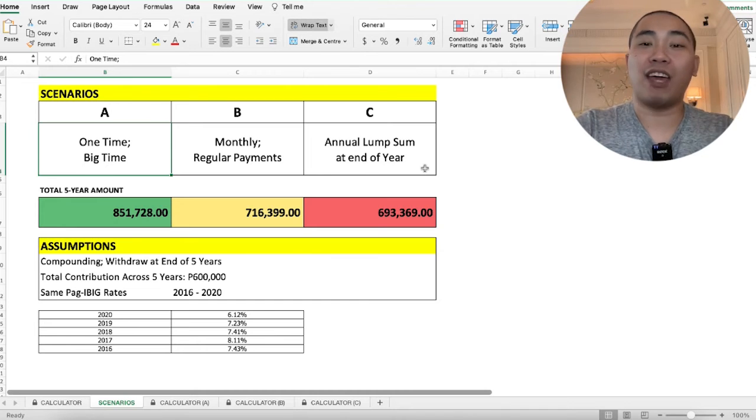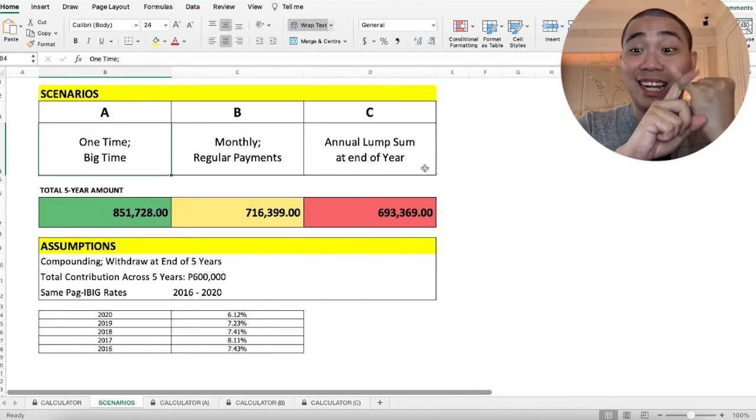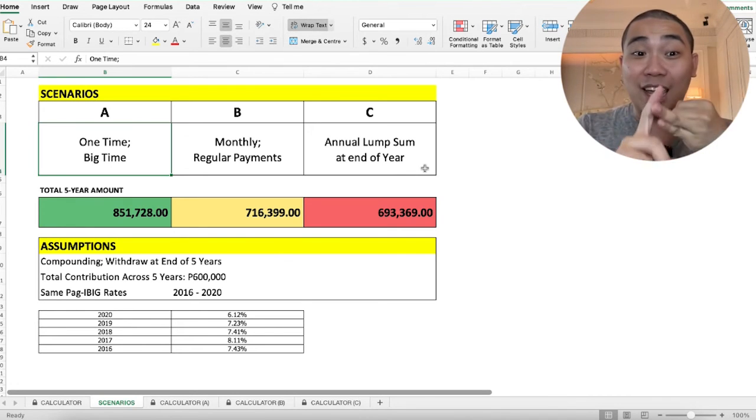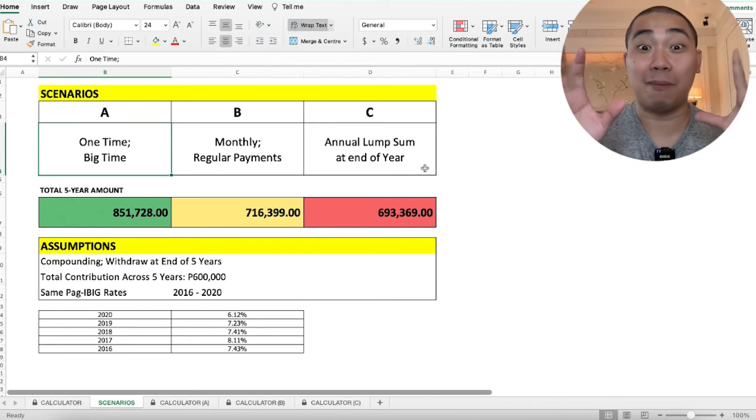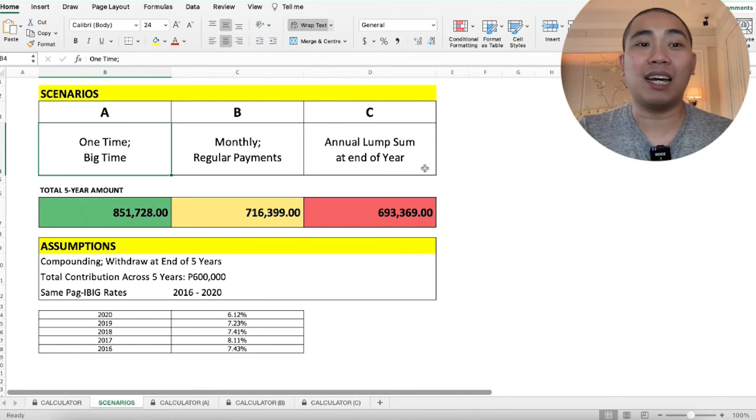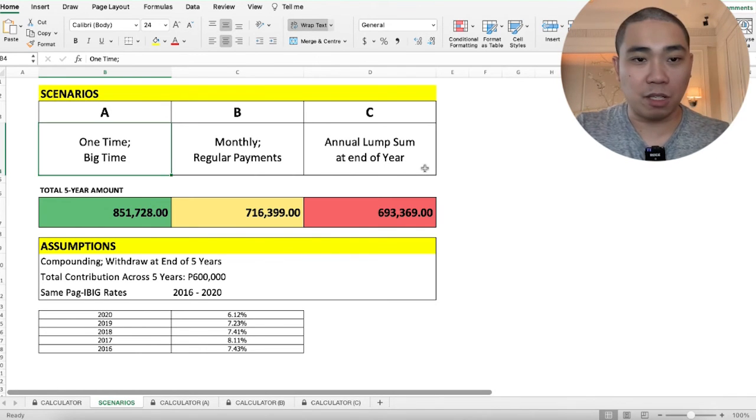Because if everything else is held equal, meaning pareho yung amount na nilagay natin in the fund, pareho yung years, kasi para ma-compare natin sila, yung rates pareho lang, ang magbibigay ng pinakamataas na return will be if you placed money as early as possible.